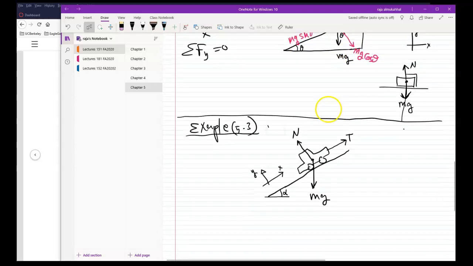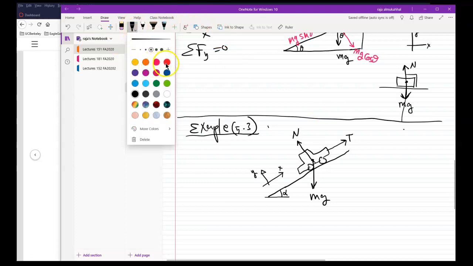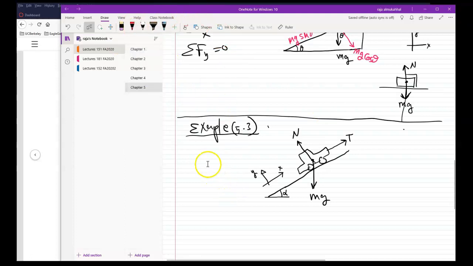So here is the angle. Did I change the color? I forgot. Nope, I didn't. Should I change the color? Sure. Let's make it red. All right. So here I have, remember this angle is alpha. So it's going to be mg cosine alpha.